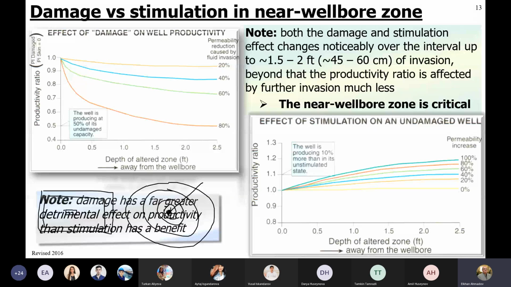Changing wettability from water to oil is considered a kind of damage, because changing wettability might have only a positive effect on maybe relative permeability, but again, it's questionable.